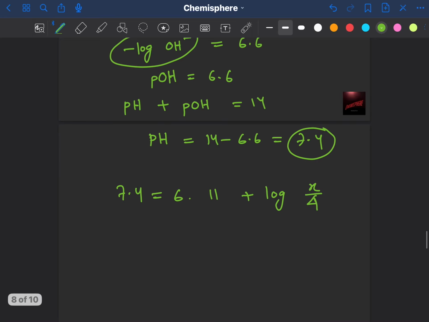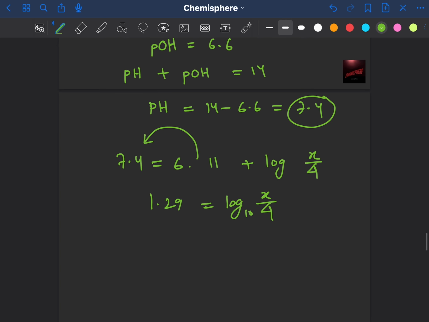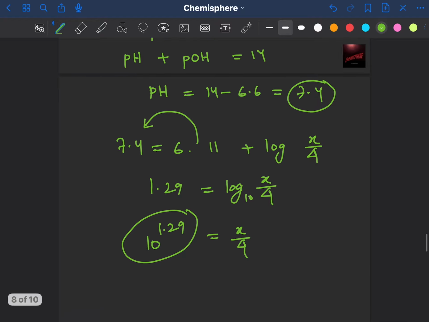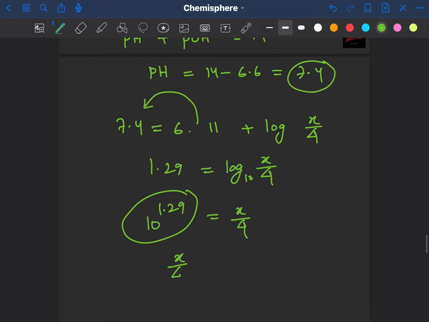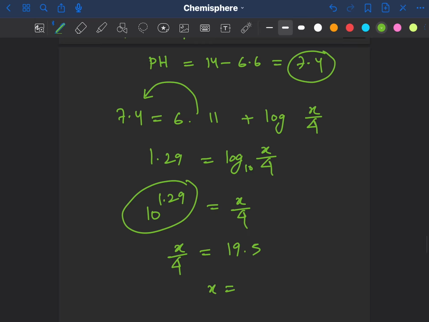When you bring this to the left hand side, we get 1.29 is equal to log of X by 4. Since it is base 10, we can write 10 to the power 1.29 is equal to X by 4, and this is nothing but the antilog of 1.29, which is given to us as 19.5. So X by 4 is equal to 19.5, therefore X is equal to 78 ml.